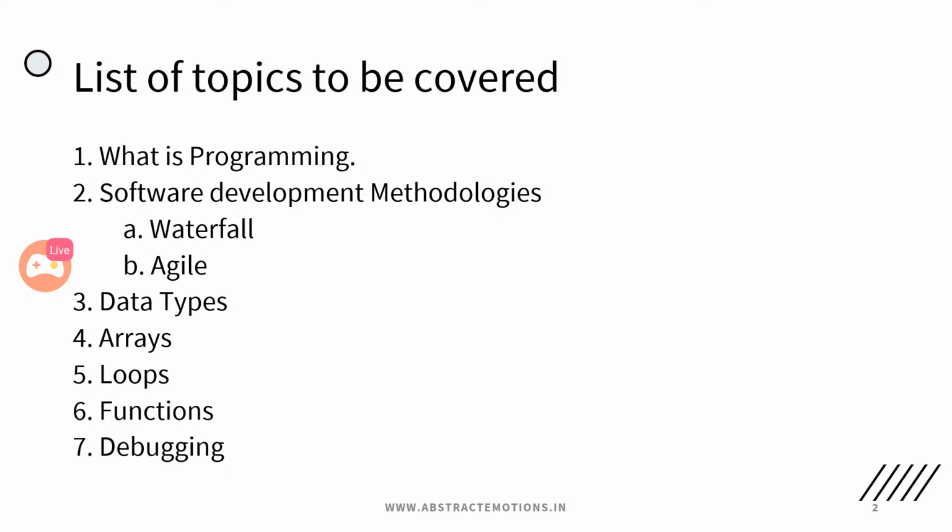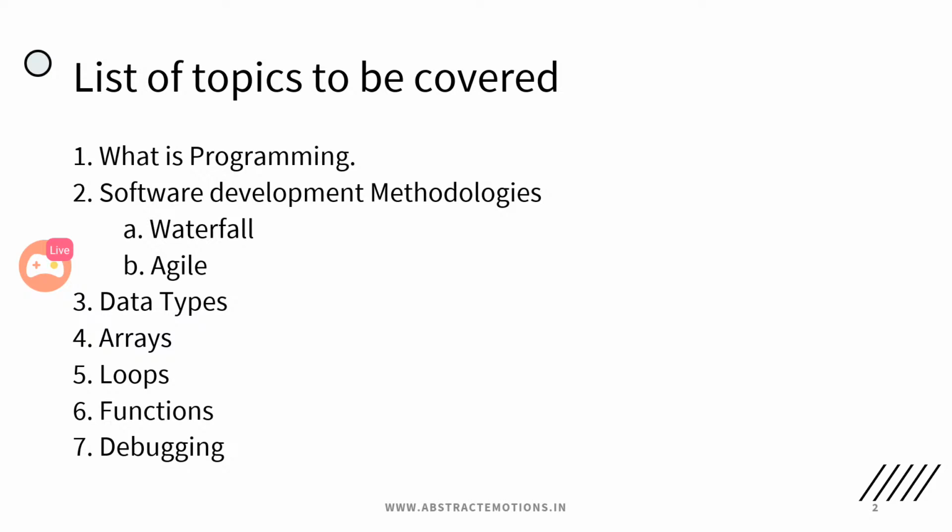And then there are data types. We'll understand what data types are. Then there are arrays, loops, functions, and debugging. Data types are important because they are the containers. Arrays are also data types, a different kind of data type. Loops are pretty fun and pretty important.